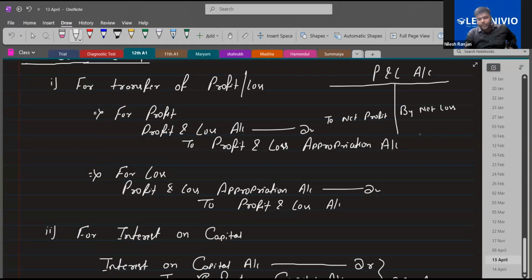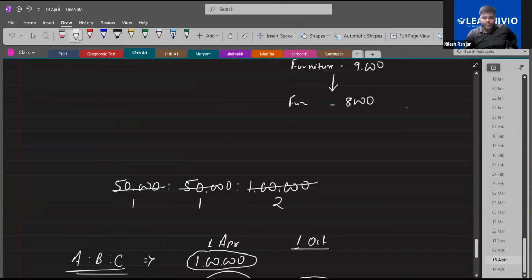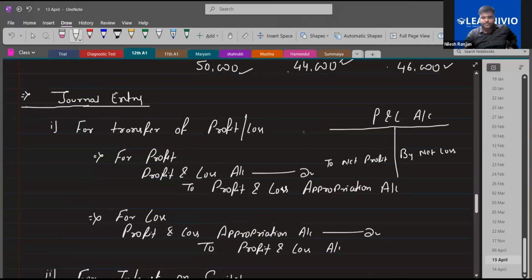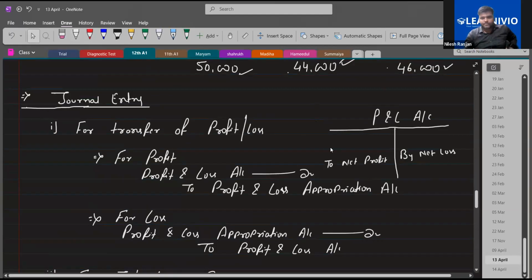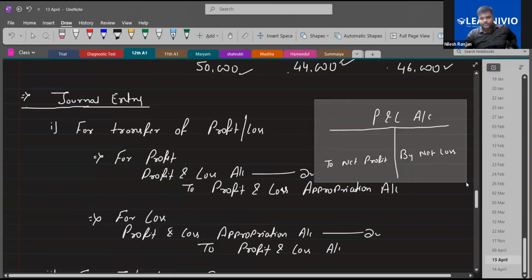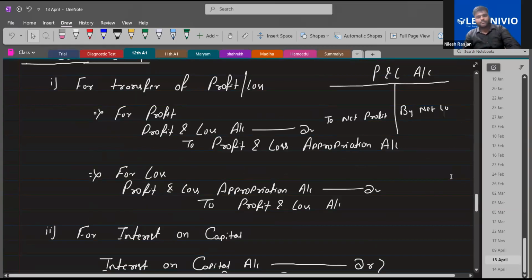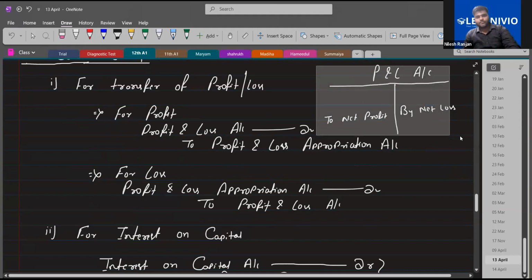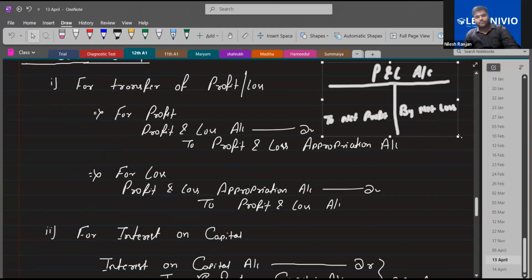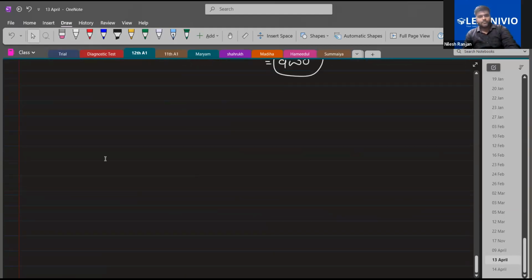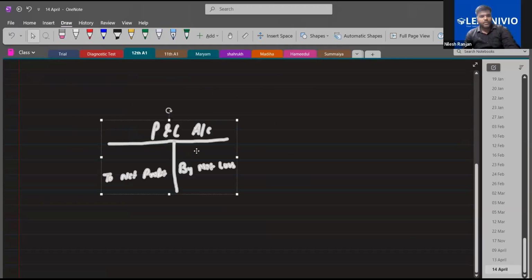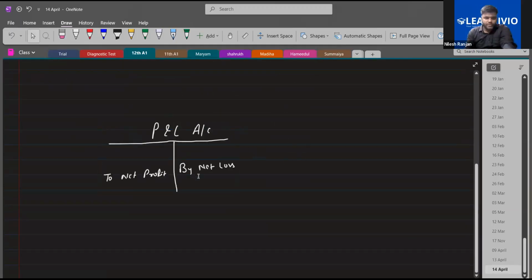Let me write it. Okay, so this is your profit and loss account: net profit on the debit side, net loss on the credit side.